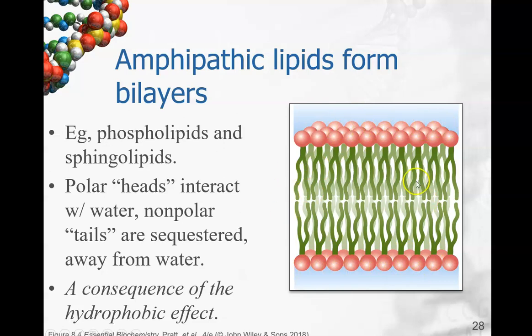But favorable intermolecular forces between water and these nonpolar tails, which are shown in green, cannot form. So that means that the nonpolar tails are forced to interact with each other, sequestered away from water. So again, this is a consequence of the hydrophobic effect, which we described as the refusal of water to interact with nonpolar domains.